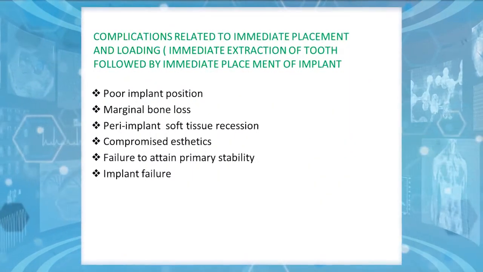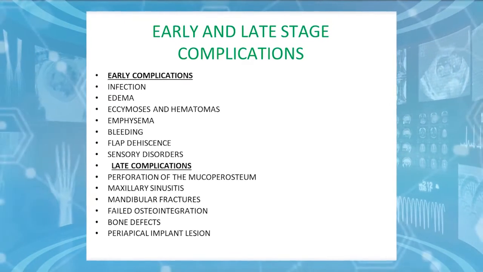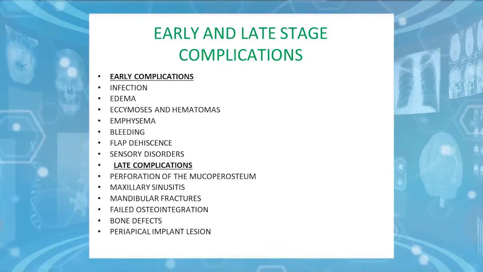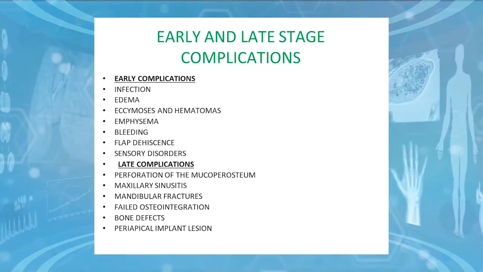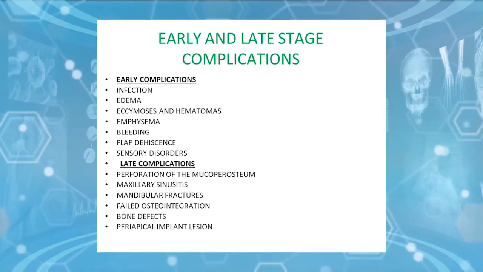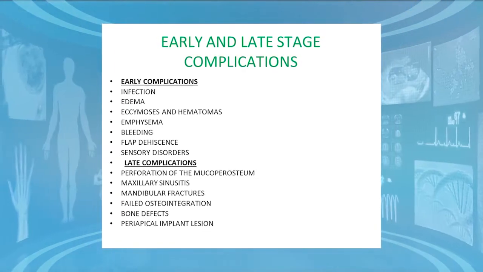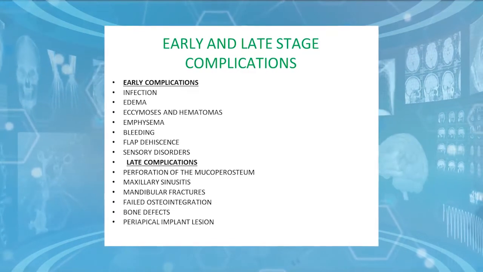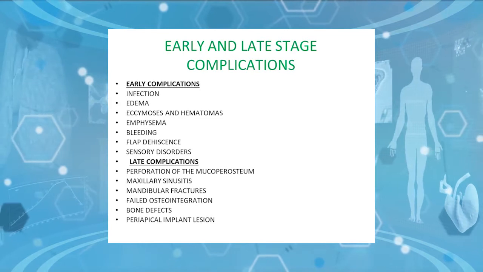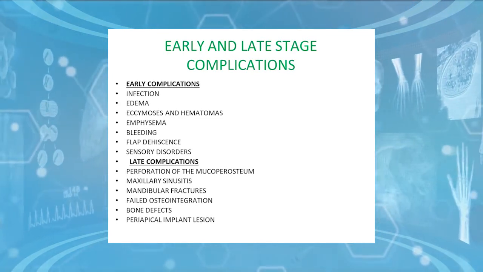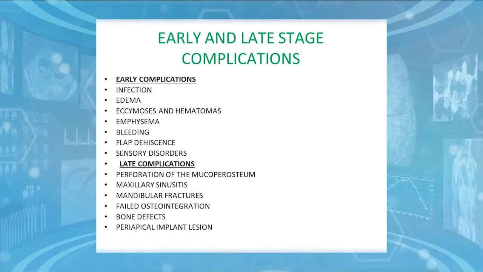We have early complications and delayed complications associated with dental implants. Among early complications, you have infection, edema, ecchymosis and hematomas, emphysema, bleeding from the implant site, flap dehiscence, and sensory disturbances. Among the late complications, we have perforation of the mucoperiosteum, maxillary sinusitis, mandibular fracture, bone defects, and periapical implant lesions.